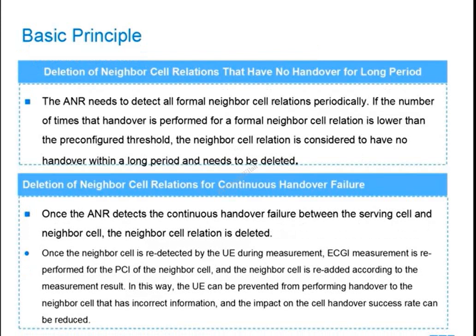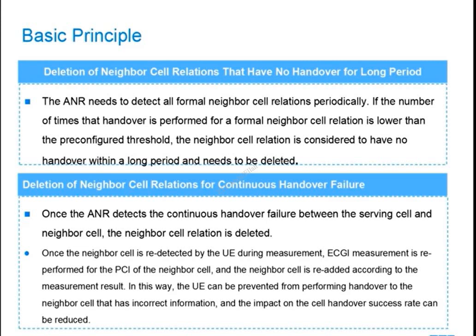Besides that, the ANR also can detect and delete the neighbor cell relations that have no handover for a long period. If during a long period there is no handover happening, we consider it's not an essential neighbor cell, so we can delete it directly.